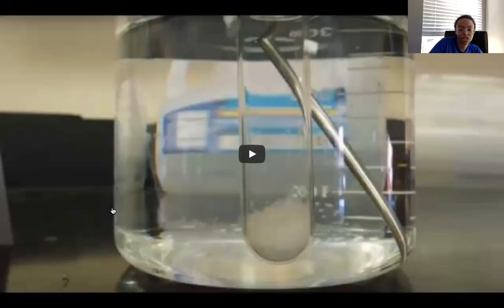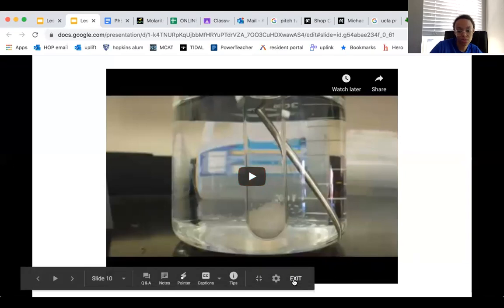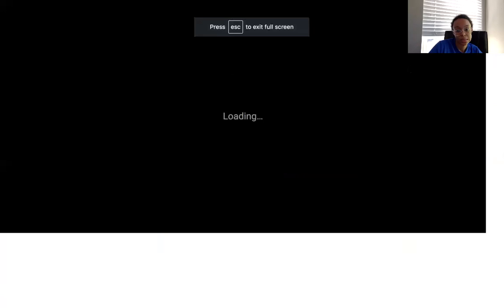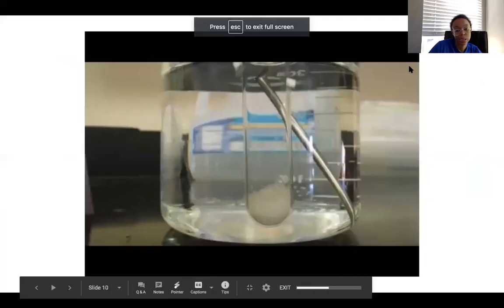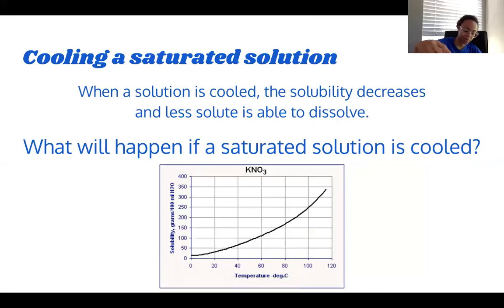All right, that was the solute becoming undissolved when we got to a lower temperature. Does anybody have any questions about that?